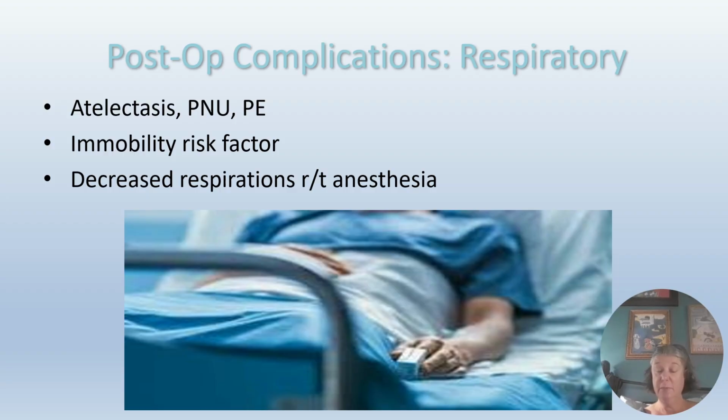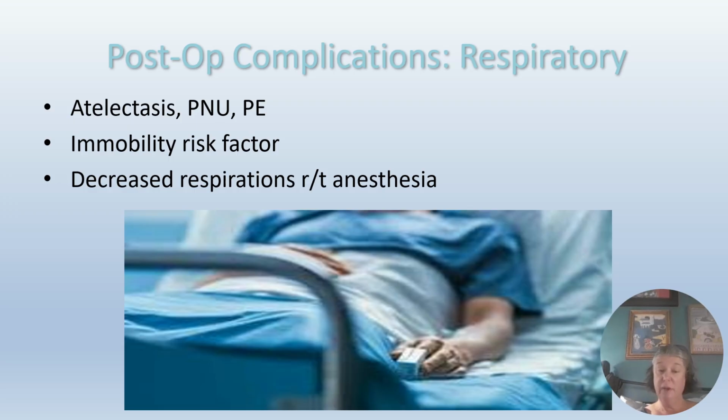Post-op complications related to respiratory, you can get atelectasis. This atelectasis is the collapse of the little alveoli. And if those little alveoli collapse, we're not having adequate gas exchange. Okay, on an X-ray, it looks like a whiteout because all those little tiny grape guys have just collapsed down. We run the risk of pneumonia.